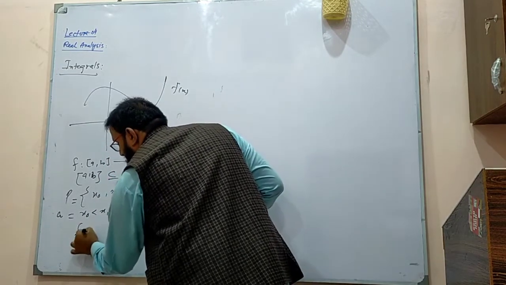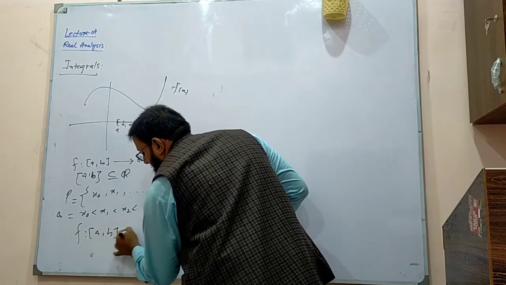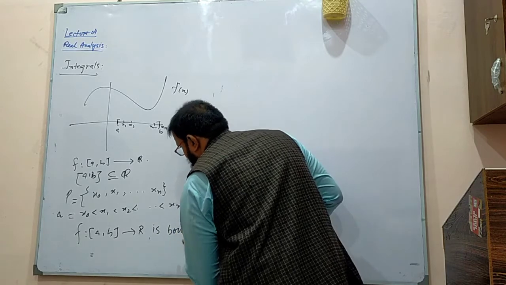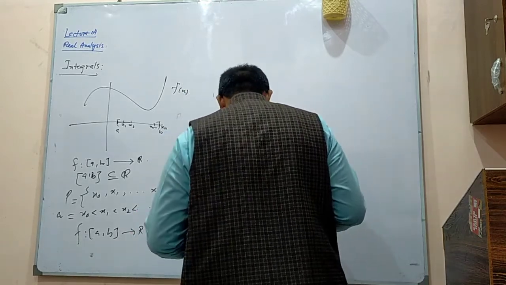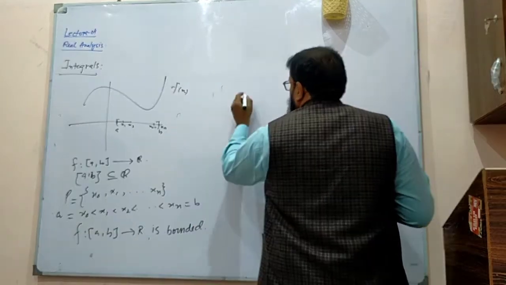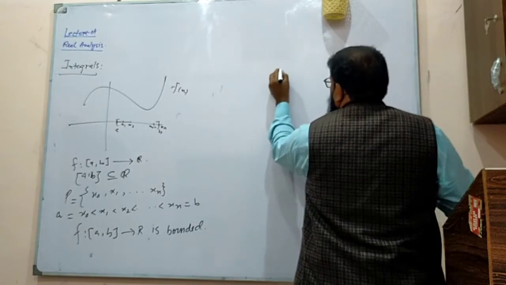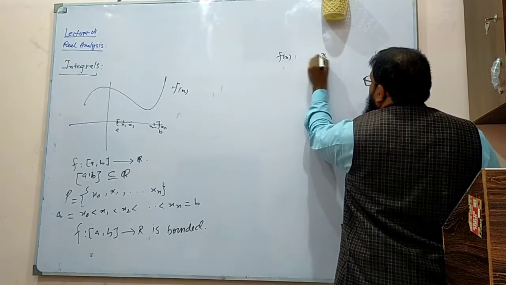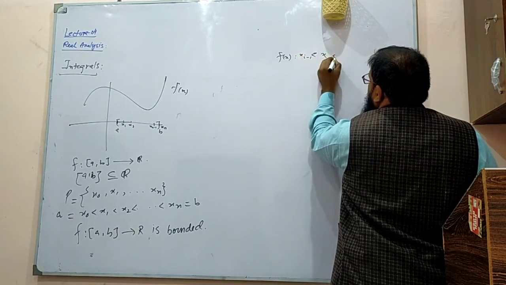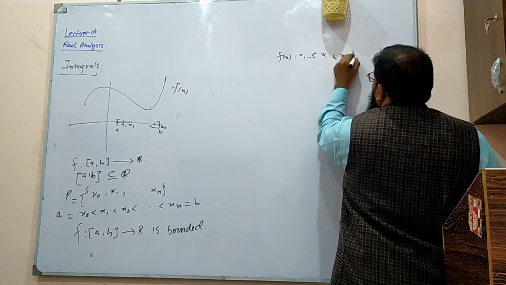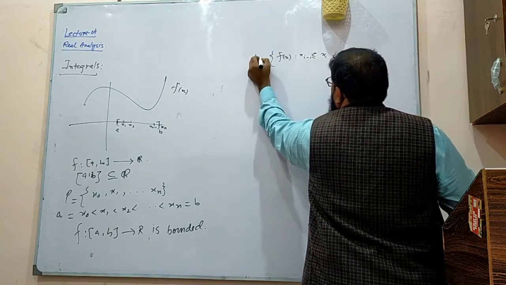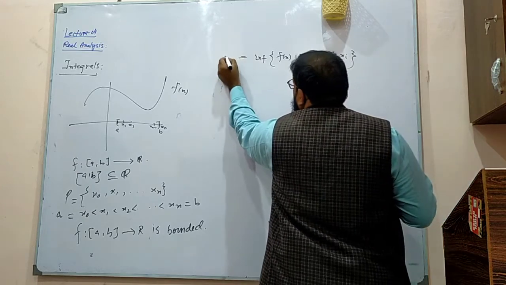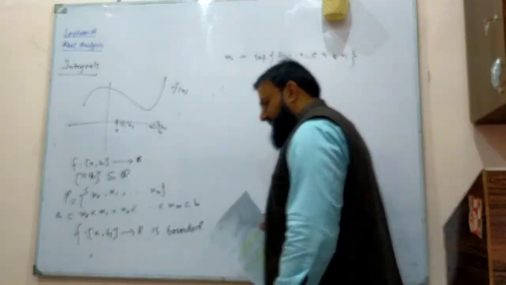One thing is that f is bounded, and we know very well what we mean by a bounded function. Then I take the value of the function between some interval xi minus 1 to xi, and in this interval I take the infimum of the value of the function and I name it mi.